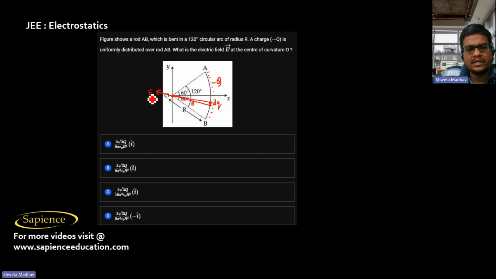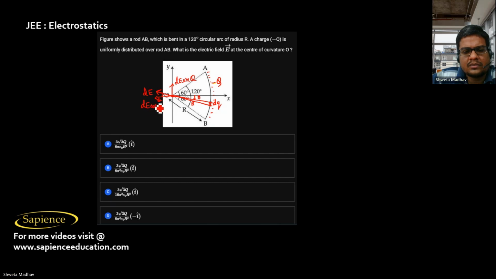This is the electric field dE. Now let's say this angle is theta. We have to take the components. Now this is theta, then this will be theta also. So now this will have one component along the y-axis, that is dE sin theta, and this is dE cos theta.